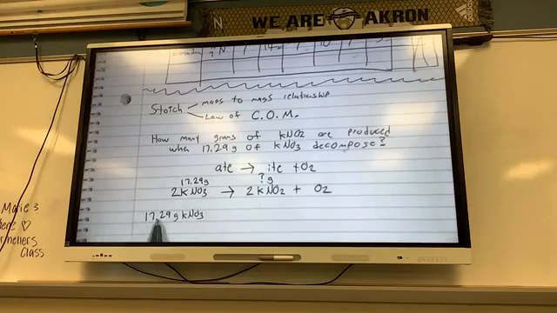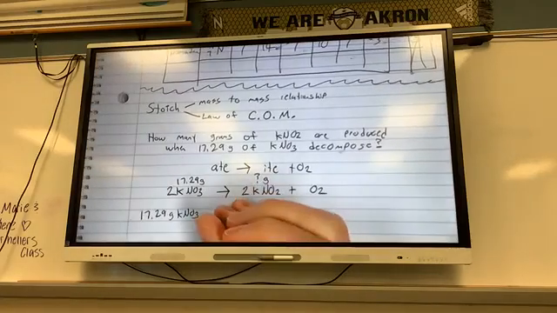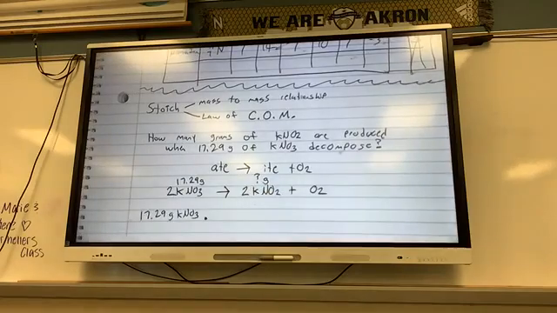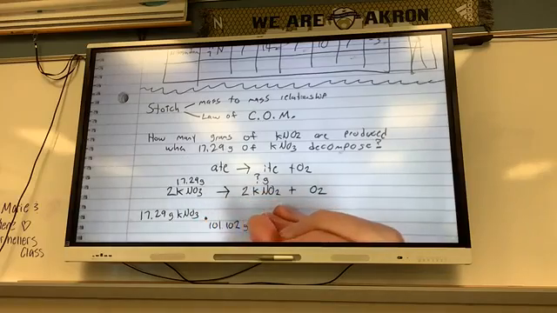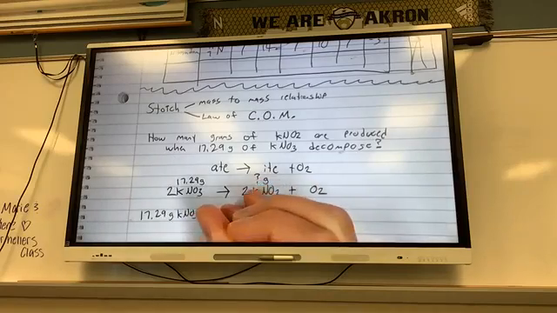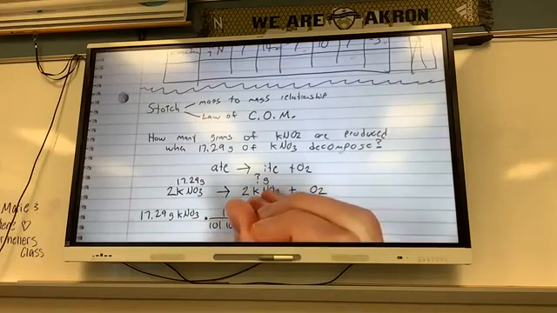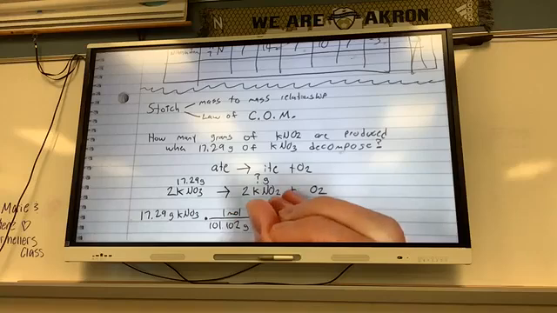This means that the electronic balance I measured to the 0.1s, so then it went to the hundredths. Okay, what is the molar mass of KNO3? Potassium nitrate, yellow sheet. 101.102 grams of KNO3 in 1 mole of KNO3.